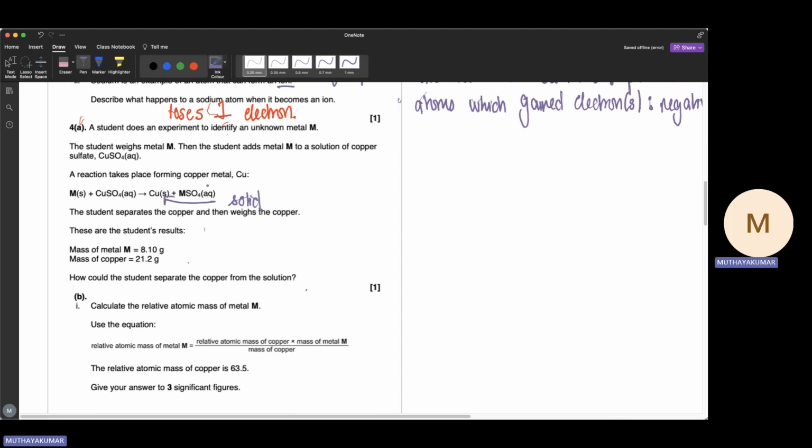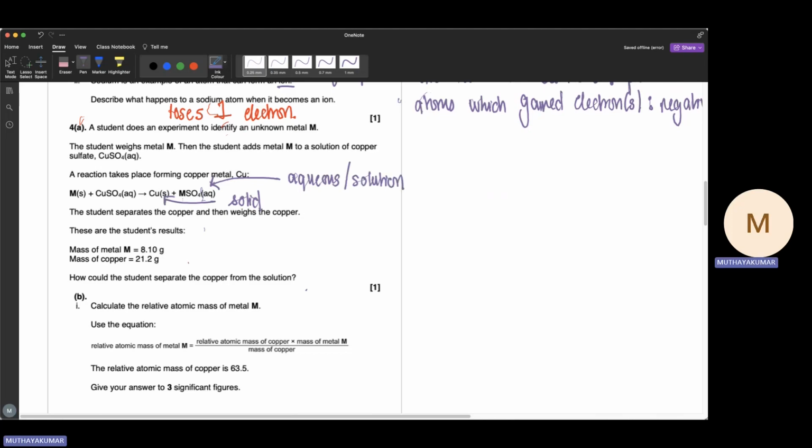And in addition to solid copper, we have a MSO4 product that's made, and that has the state symbol AQ, which tells us it's a solution.